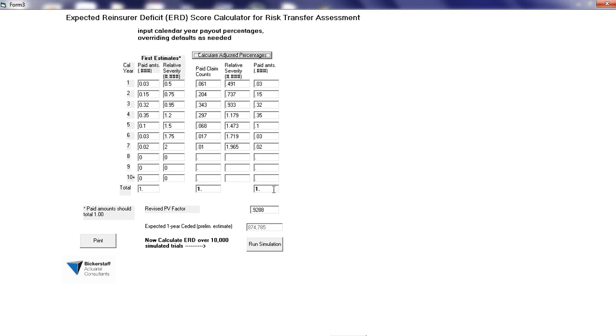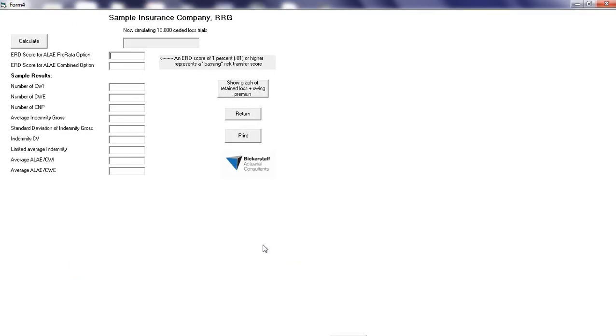All of this comes out to be a present value of 0.9288 using a 2.5% interest rate. Given those parameters, now we're ready to run a simulation.